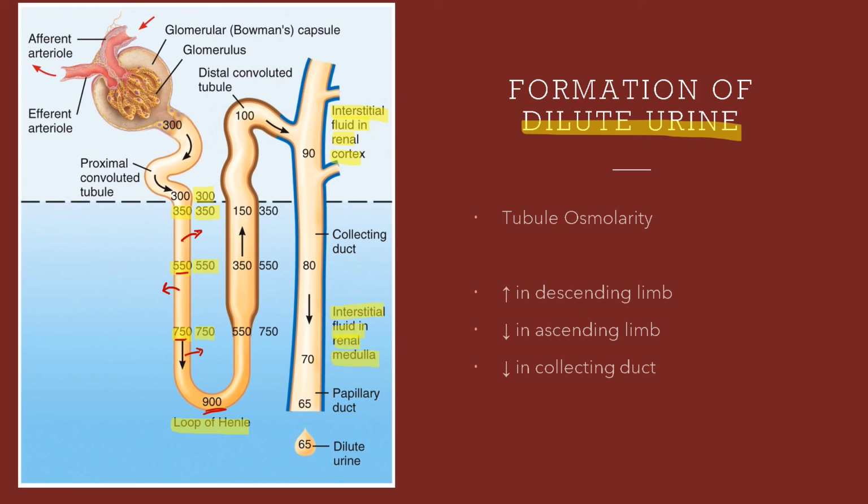So you can see that the osmolarity, or the concentration of solutes within the fluid, is going to increase in the descending limb till we get to the end of the loop of Henle. And then as we go up in the ascending limb, osmolarity is going to decrease.